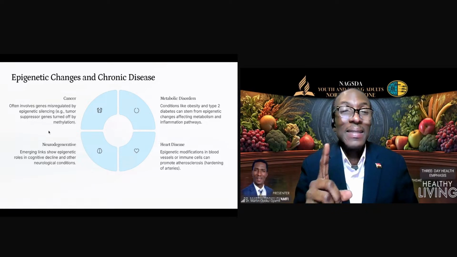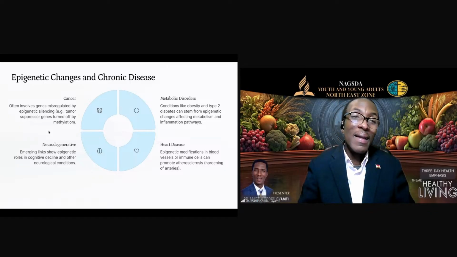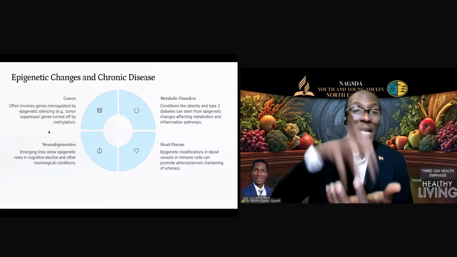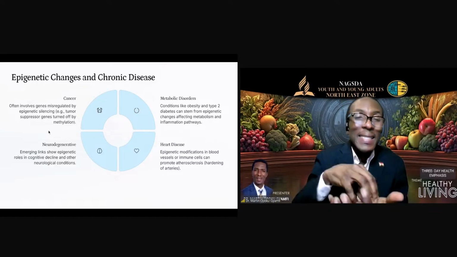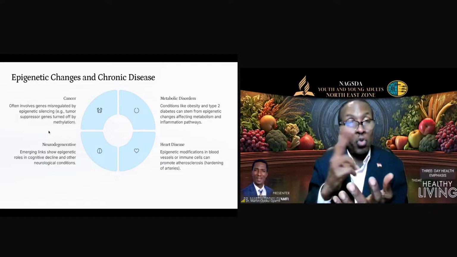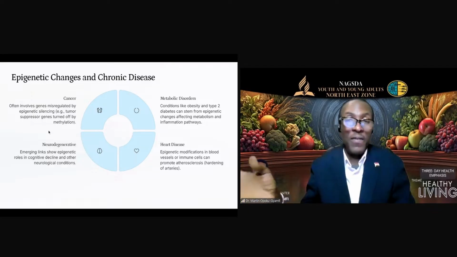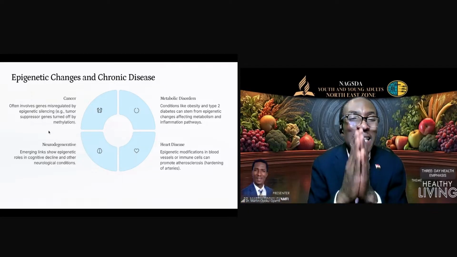But epigenetic silencing suppresses those genes through what is called methylation. Remember, we talked about two things, right? Methylation and histone modification. So the methylation silences the gene.